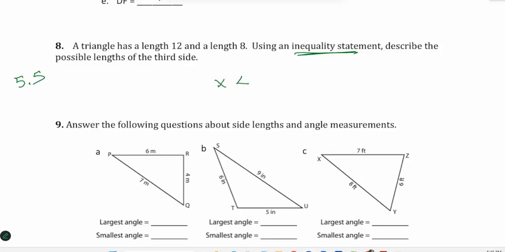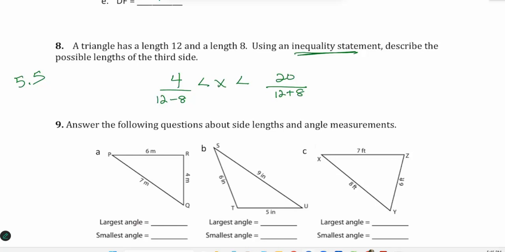It has to be less than something and greater than something else. To get the number it has to be less than, I add the two lengths that I have. That's going to be 20. To get the number it's going to be greater than, I subtract the two lengths. That's going to be 4.